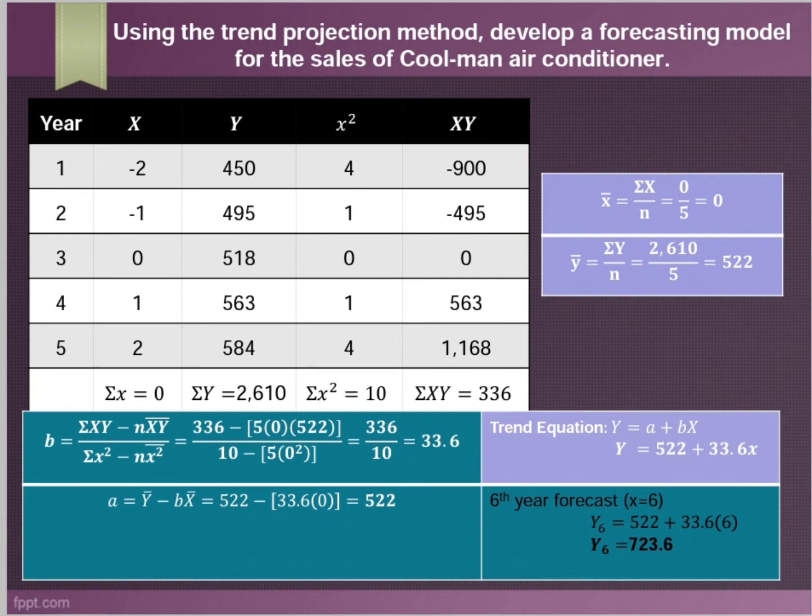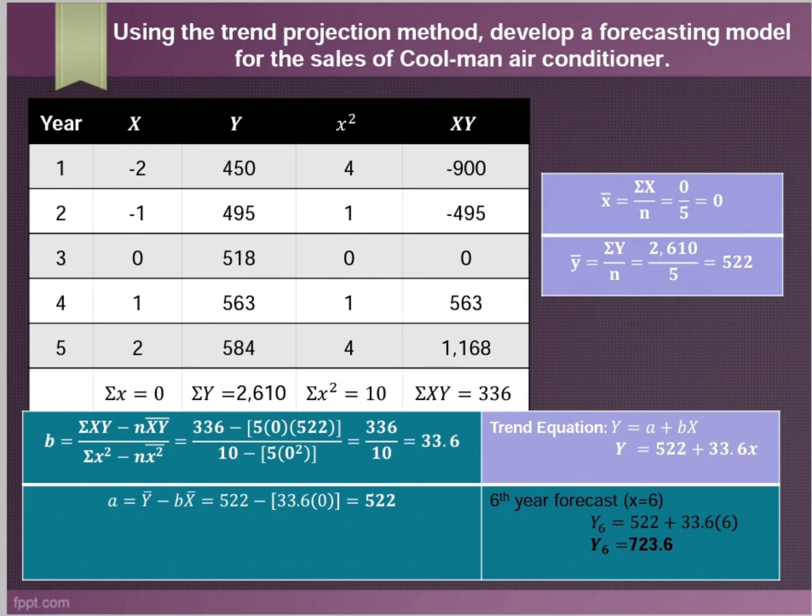And then the last column, which is the x and y, is to multiply the second column by the third column. So -2 multiplied by 450 gives us -900, -1 multiplied by 495 is -495, and so on and so forth. So the summation of x and y is 336.